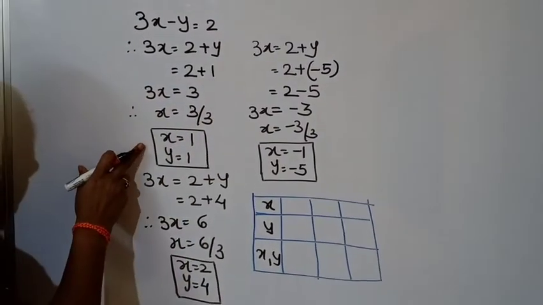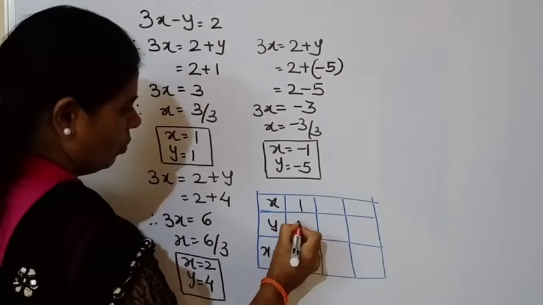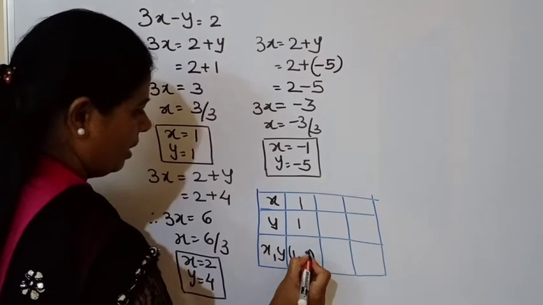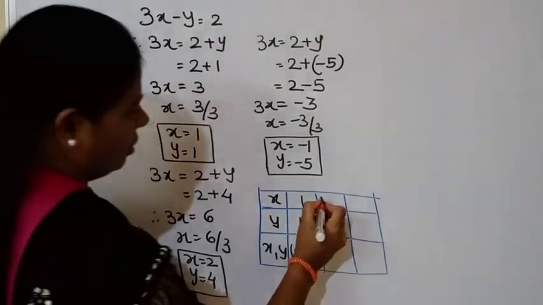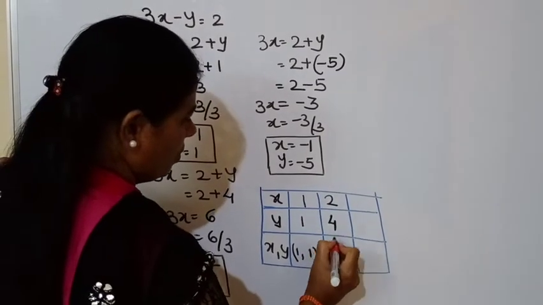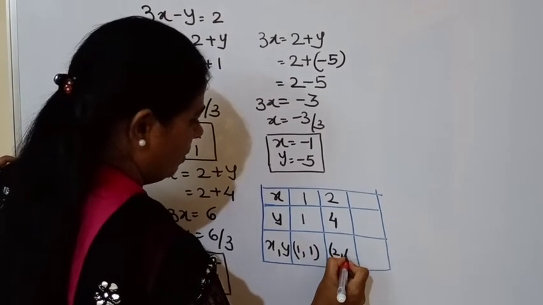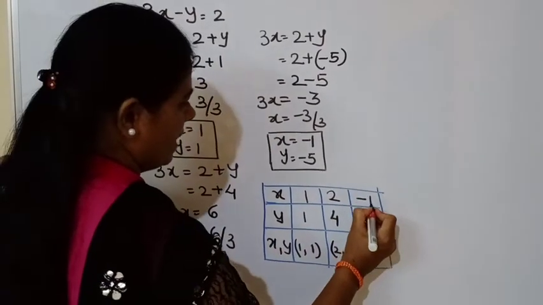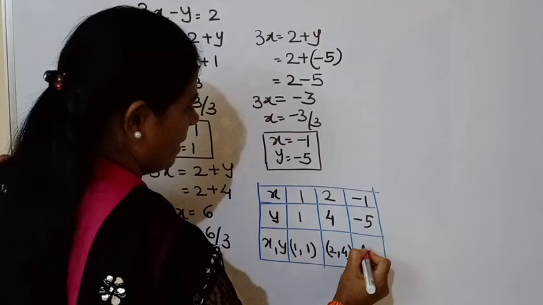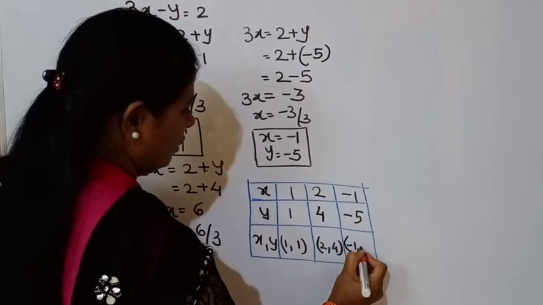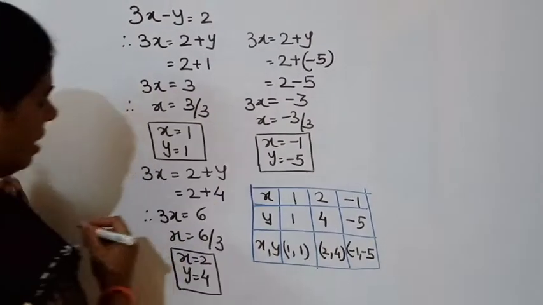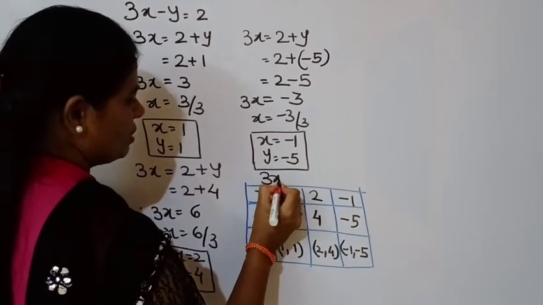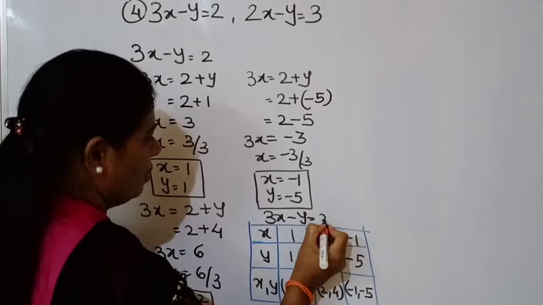See the first point, x is 1, y is also 1, so here it will be 1 comma 1. Second point is 2, 4, so our value will be 2 comma 4. Third point, x is minus 1, y is minus 5, so it will be minus 1 comma minus 5. Okay. And this table is of which equation? That is 3x minus y equal to 2.